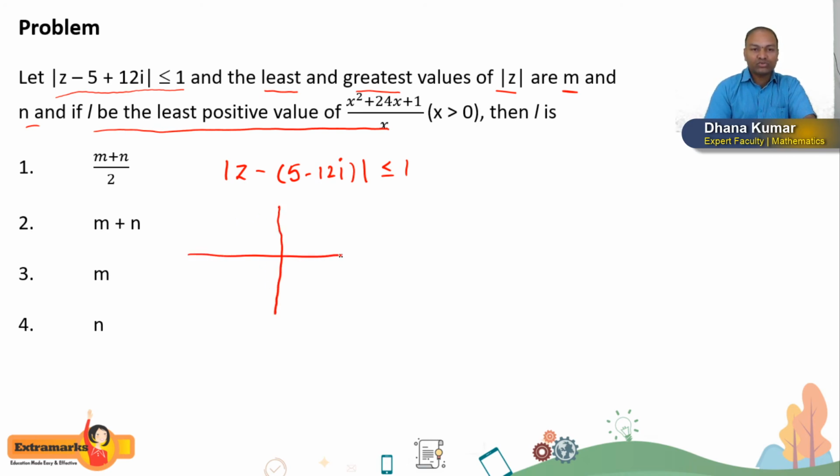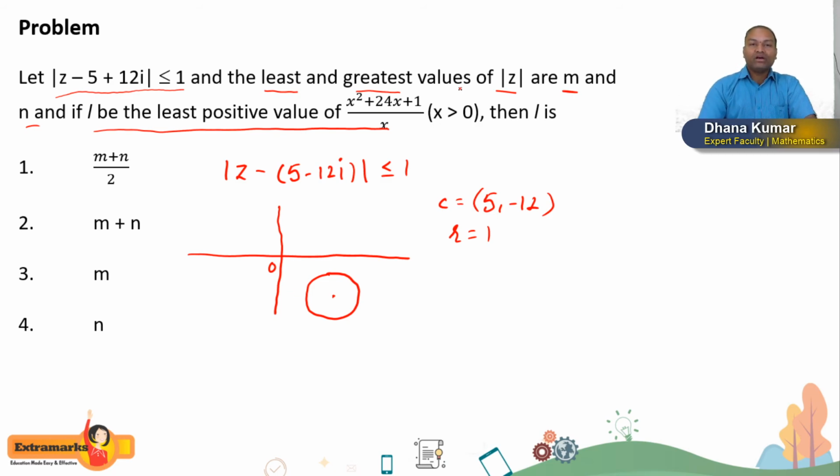You can see a rough diagram. This is the circle, this is the center, this is the origin. The center is 5 comma minus 12 and the radius is 1. Now, point Z can be on the circle or inside also.